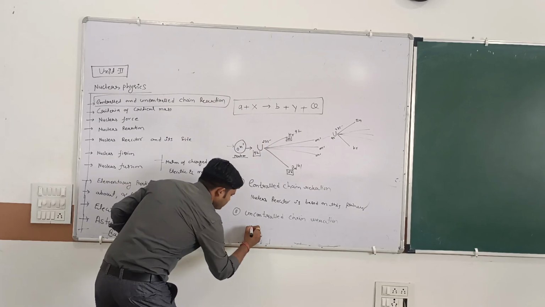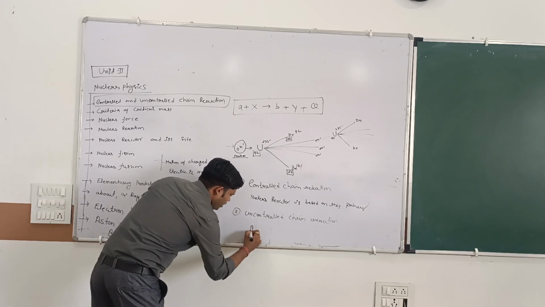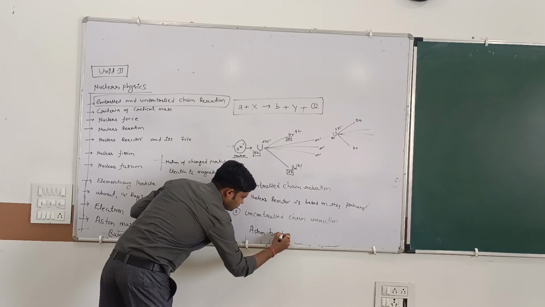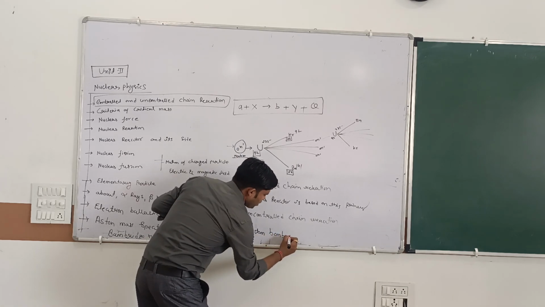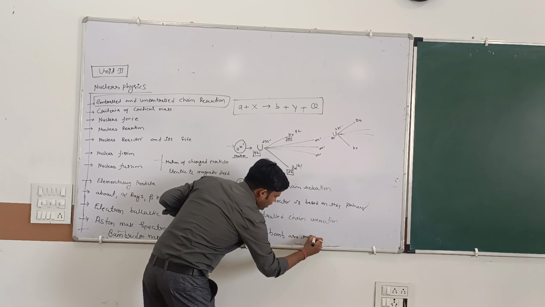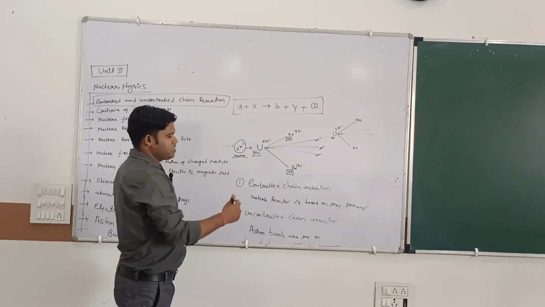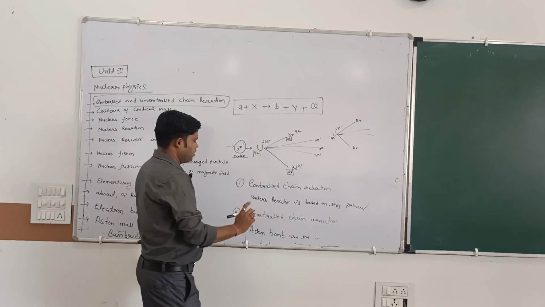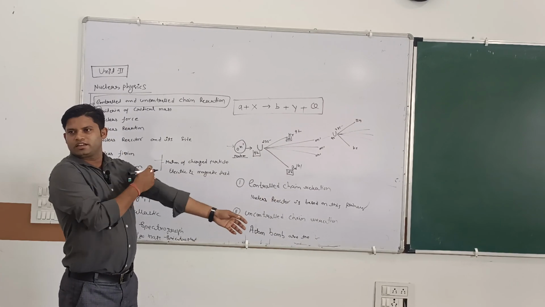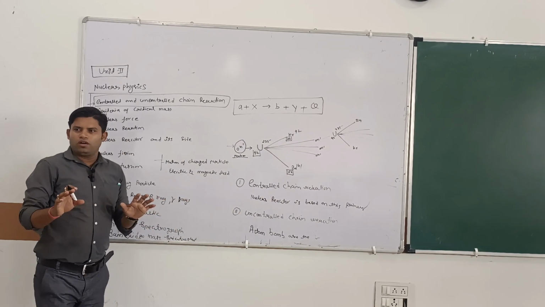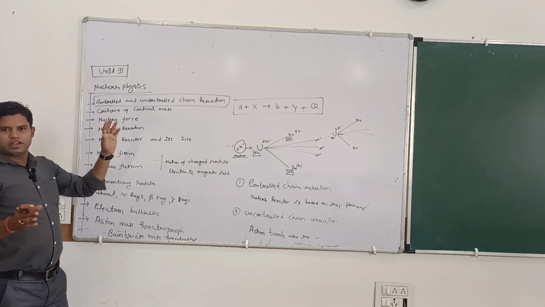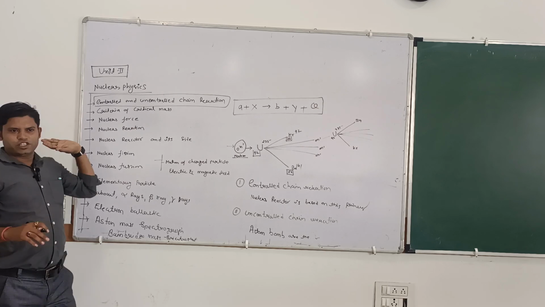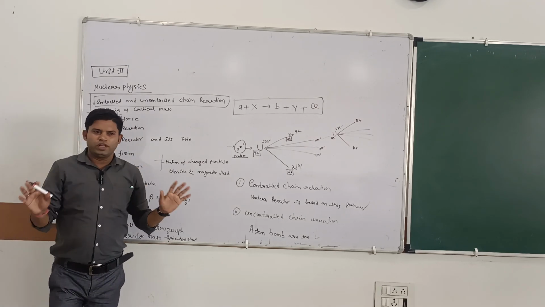The atom bomb is based on the principle of the uncontrolled chain reaction. Okay, today only one point we discussed. Next class we start the criteria of critical mass. Next point. Okay, today concluded.